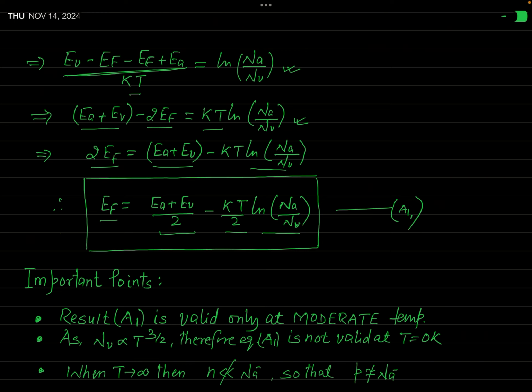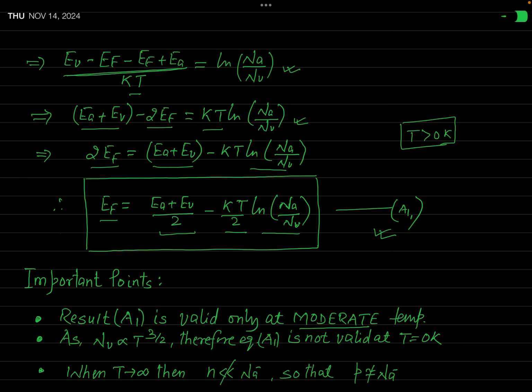Actually, you have seen that we have made this calculation assuming that temperature is slightly greater than 0 K, slightly greater. It means you are talking about a temperature which is moderate. That is, this temperature is neither very small nor very large. Okay. So actually, the result which we have obtained here in this equation A1 for the Fermi energy of a p-type semiconductor, this result holds only at moderate temperature.